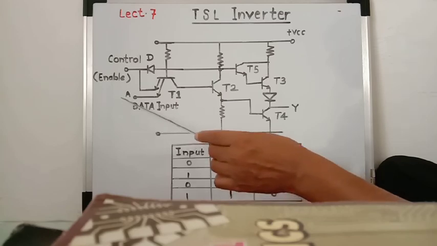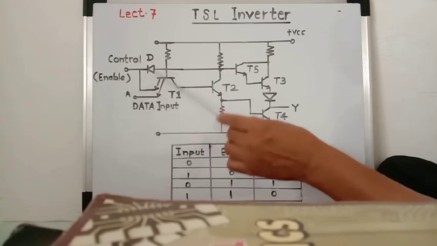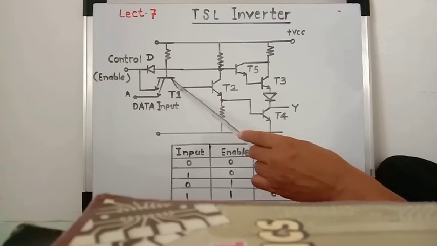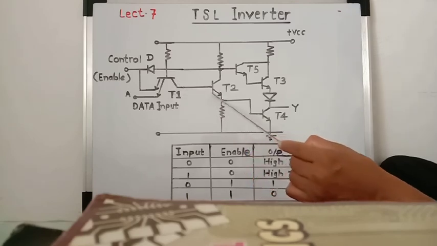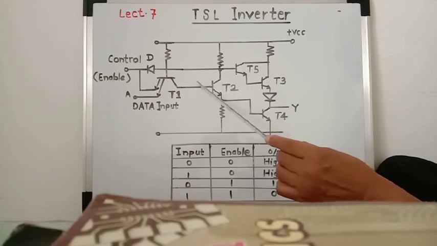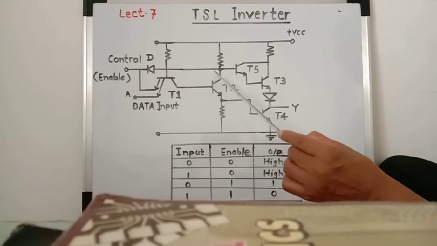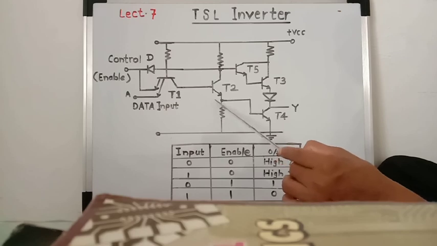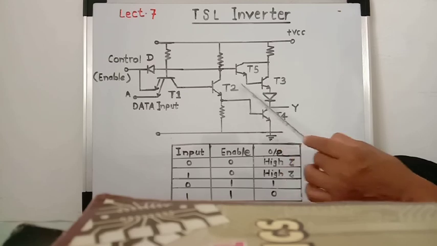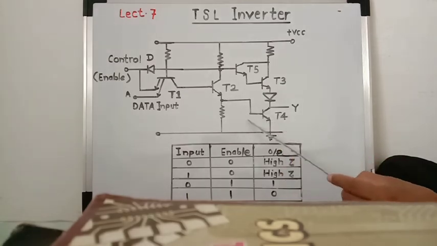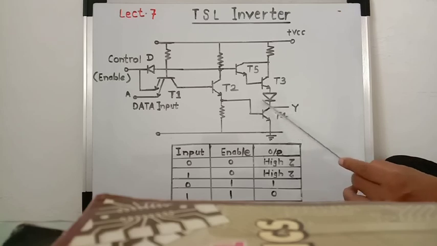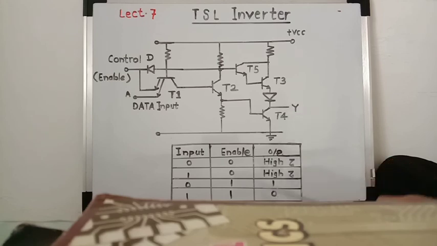Since the input is 1, T1 is cut off and its collector goes high, therefore the base of T2 goes high and T2 is turned on. Its collector potential goes to 0, and voltage develops across RE, and T2 drives transistor T4. Therefore T4 is turned on, its collector goes low, and Y is equal to 0. Okay, so we will stop here.